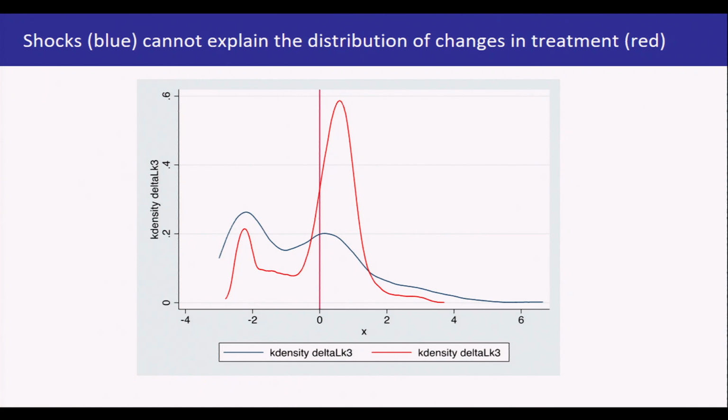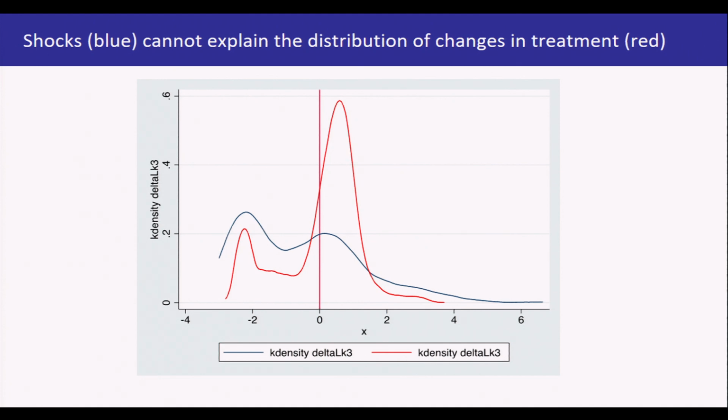Well, there it is. The red line is treatment, and this is the distribution of changes. You see that there is a mass on the negative end, and that mass is precisely -2. Now, -2 is the value of the cow. -2 means that you've lost the transfer that BRAC has given you.